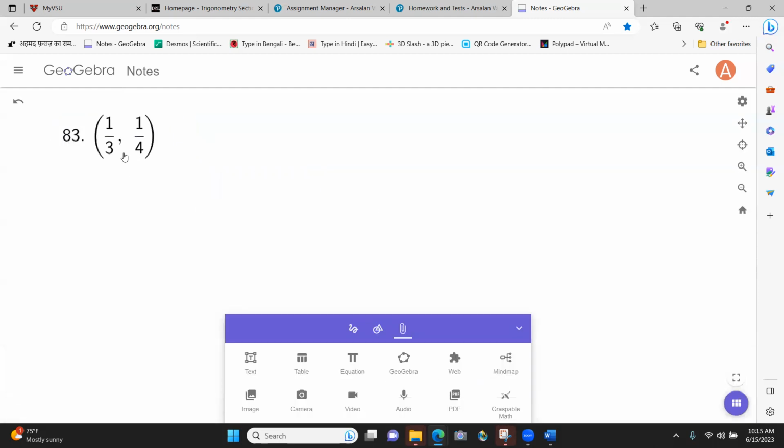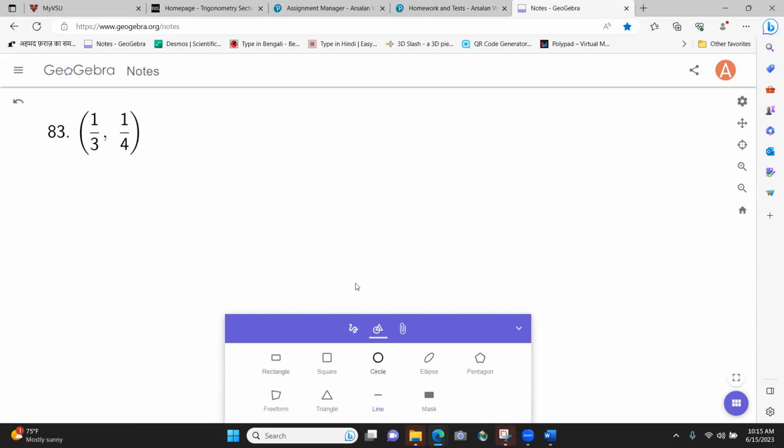So this is a point, and everything we said so far, it's a line and point of a line. You have to find out which quadrant it's in. It's in quadrant one. Both are positive.